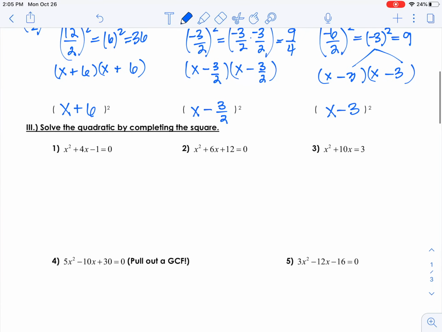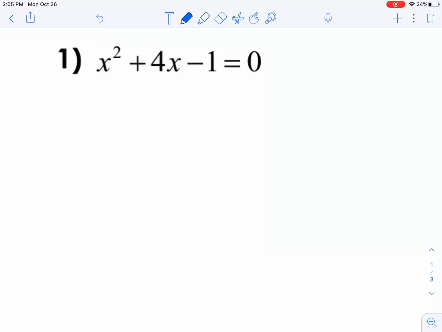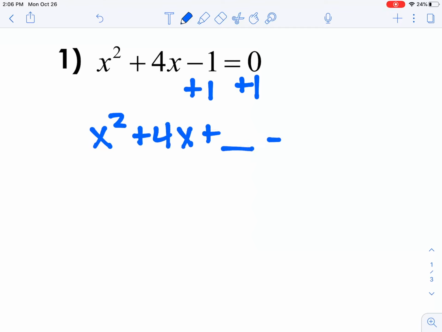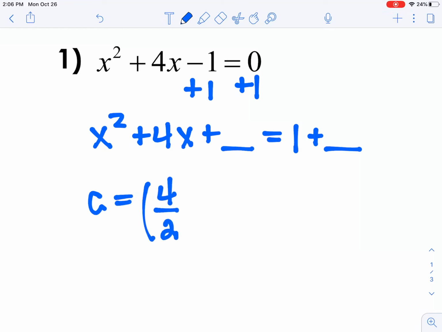Okay, so now let's practice actually solving by completing the square. Your first step in order to solve is to make space for that c that we just learned how to find. So we add our current c over to the other side, which leaves a blank there. Then we have one on the other side, but if we add something to one side, we have to make space for it on the other. Now we want to solve for that c value, so we take our b, 4, over 2 squared.